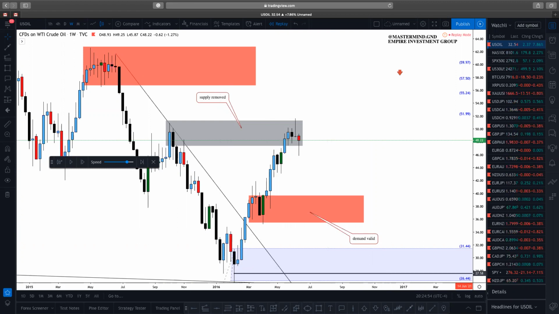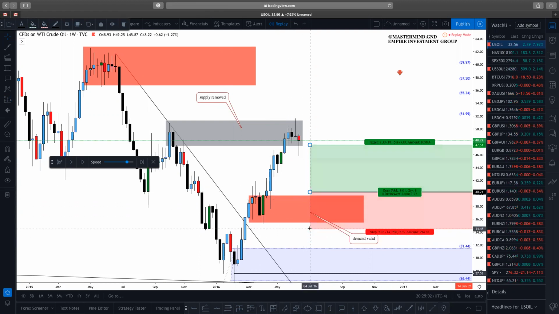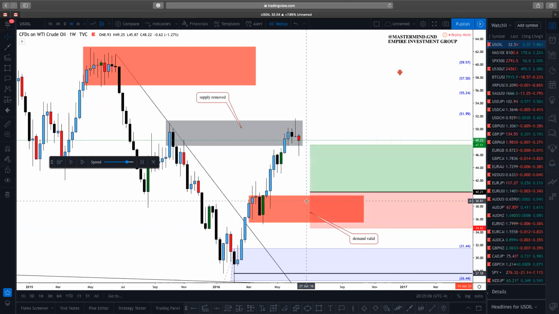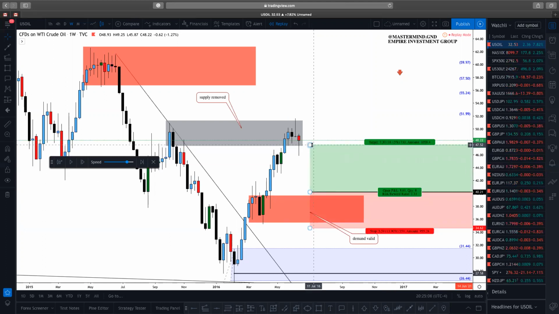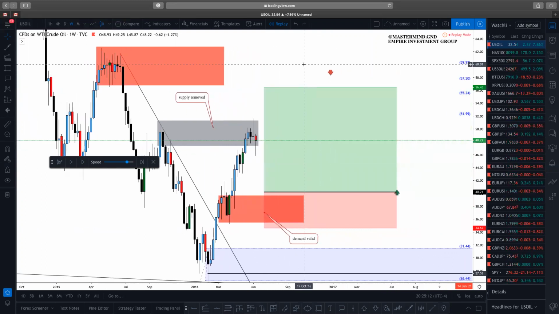So from that time, you could set up your buy limit. You enter a few pips before the base, and you stop loss a few pips under the base, right? And you take profit right at the next supply level, or you leave it open, right?